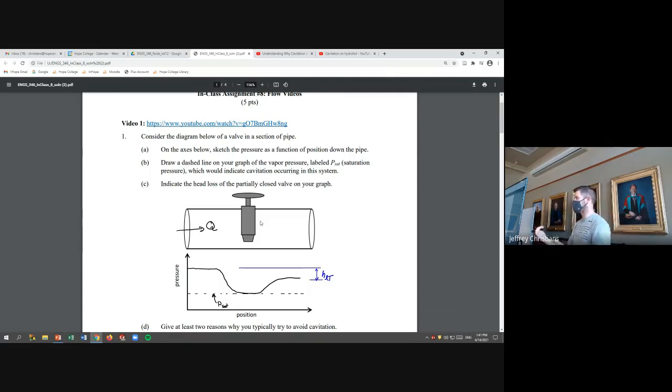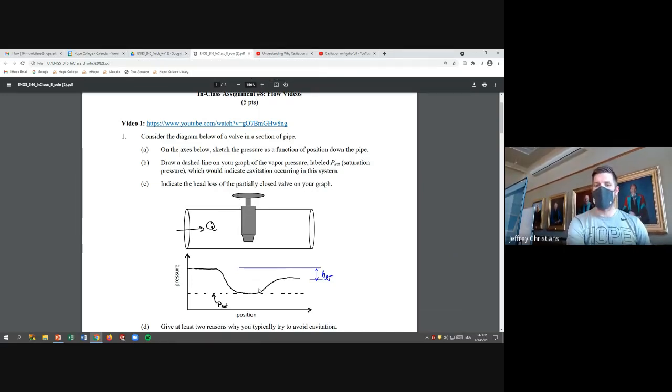Bernoulli's equation would say your pressure will go down, velocity goes up, and then they go back, and you'd be back at the same total amount of energy. That's not what happens if you have friction losses. If you have friction, you don't get back to the same total amount of energy, you lose some. So this would be the head loss that you see.